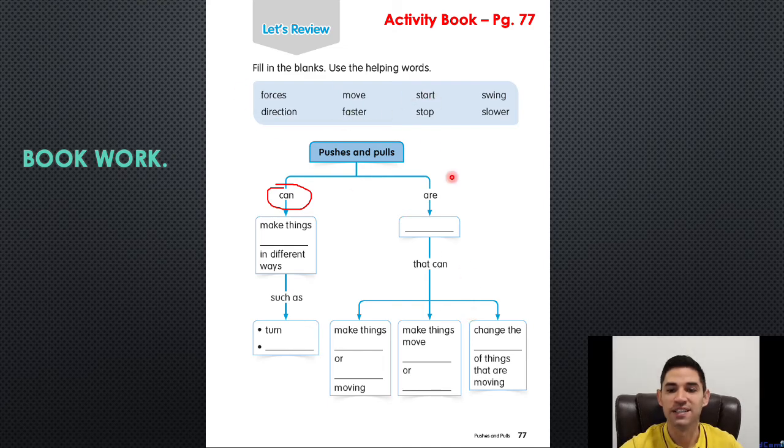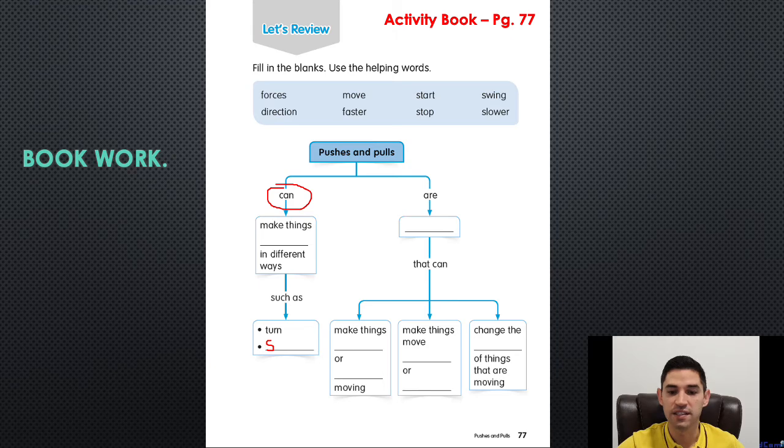Which one? One begins with f, and the other one is s. And the last one is change the d of things that are moving. So change the d of things that are moving.